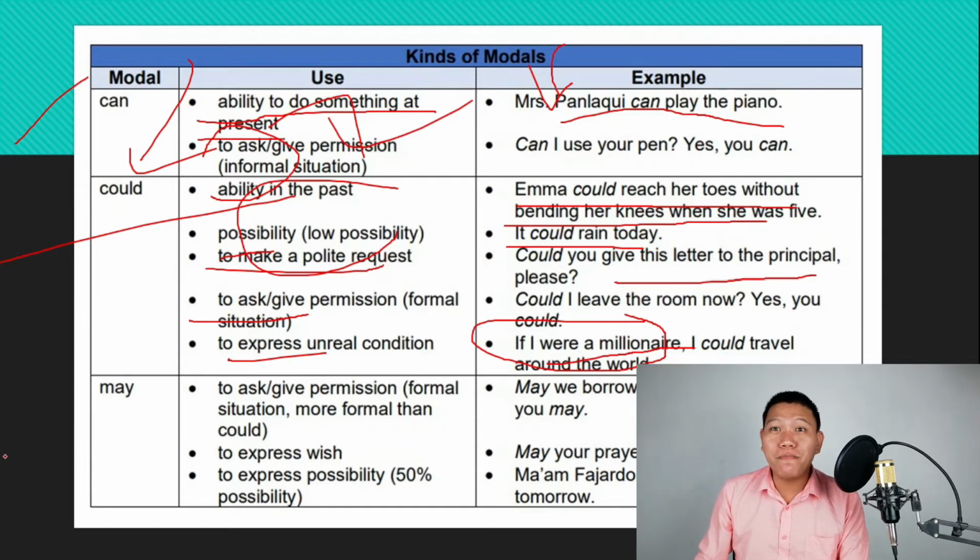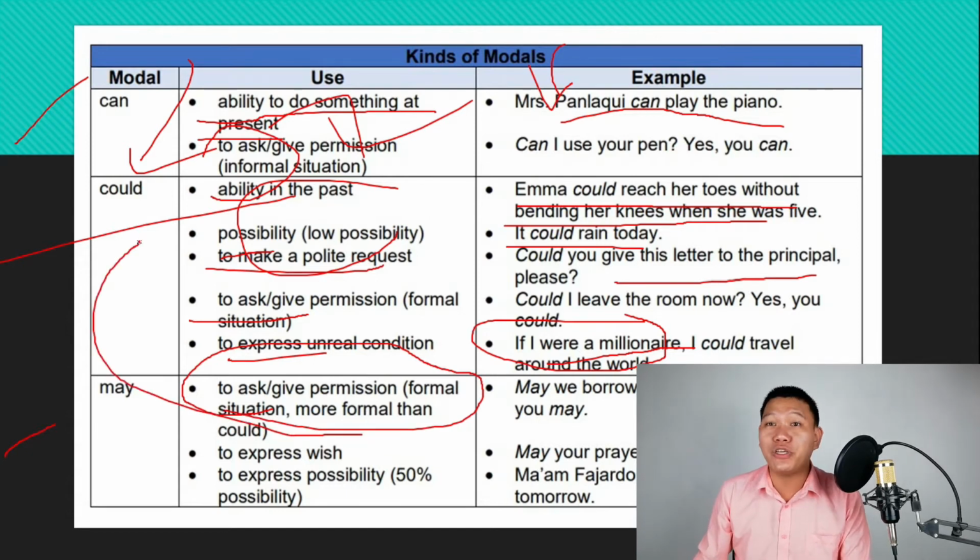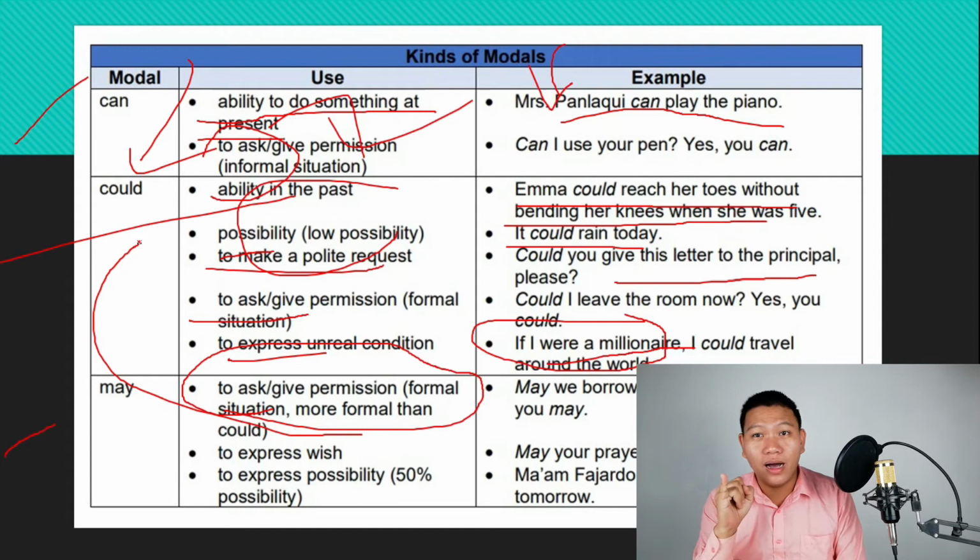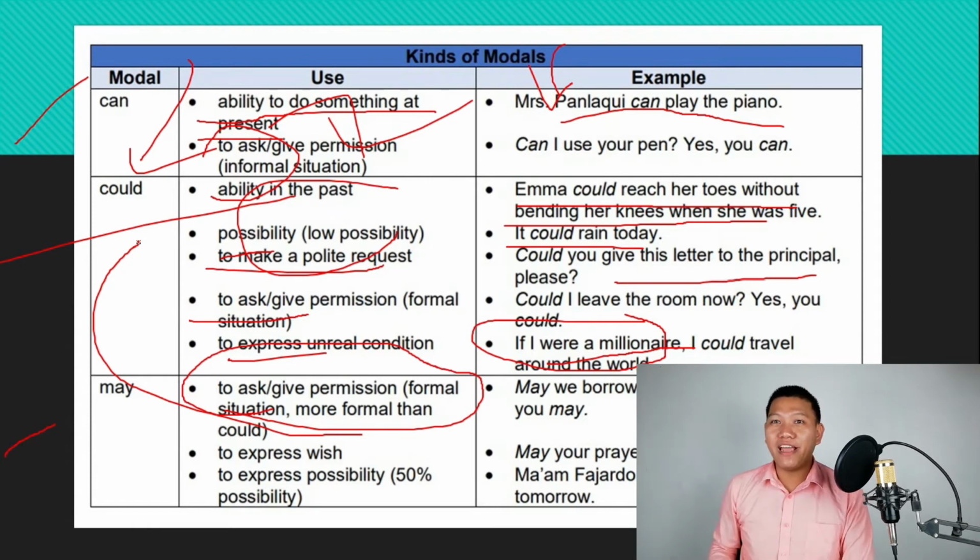The third one is may. Okay? May is used to ask or give permission in a formal situation, and it's more formal than could. Can is used in an informal, could is used in a formal, but may is used in a more formal. Like for example, you ask permission from your teacher.